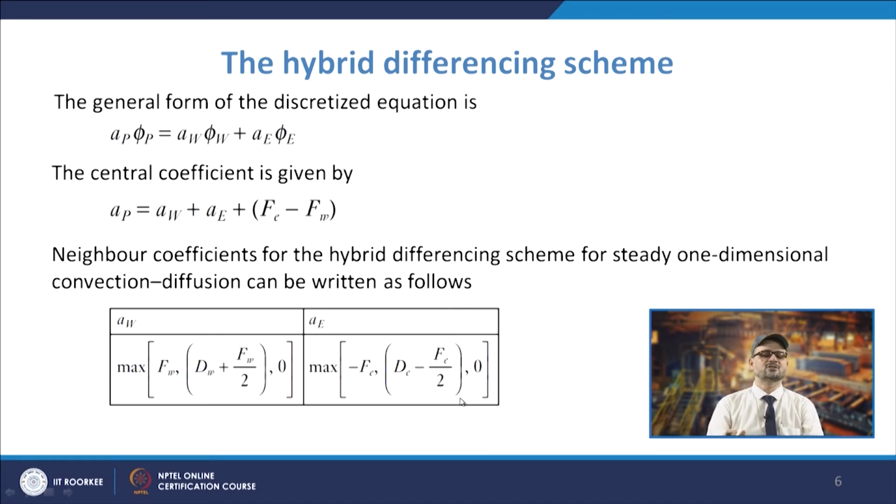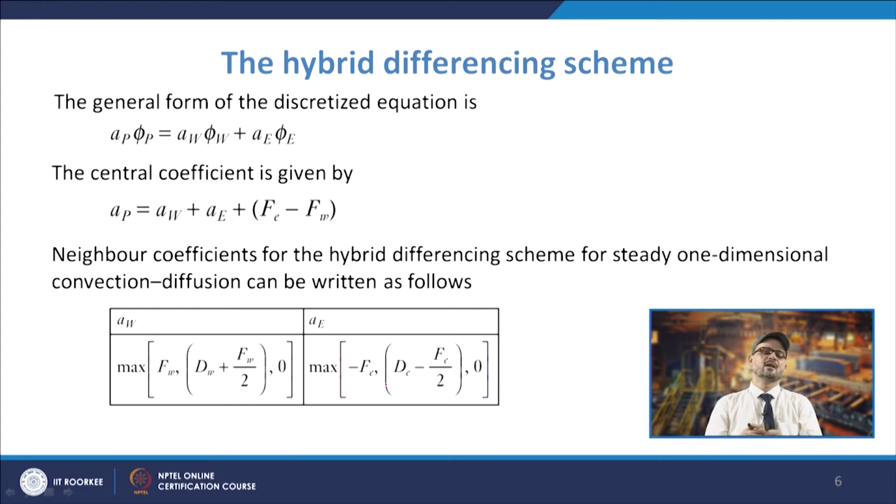So, in that case you can have A p as A w plus A e plus F e minus F w, and for the hybrid differentiation scheme for steady one dimensional convection diffusion, the neighboring coefficients can be written as the maximum of F w, D w plus F w by 2, and 0, similarly minus F e and D minus F e by 2.